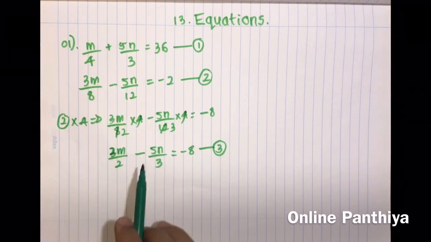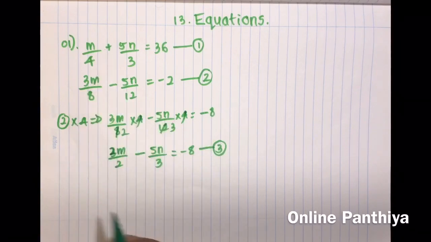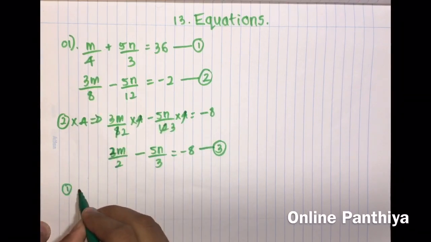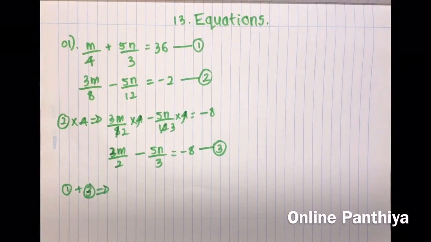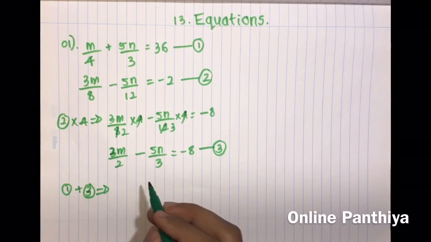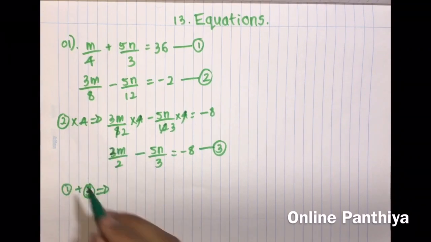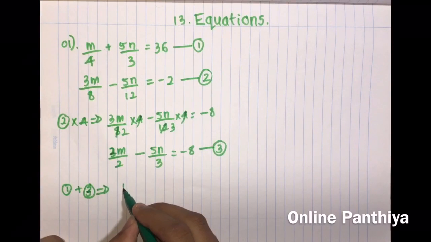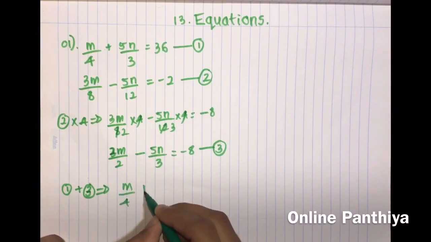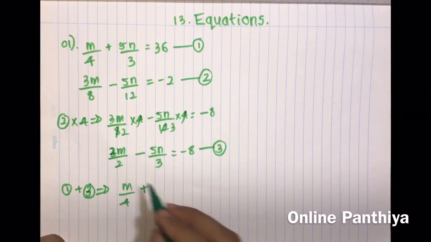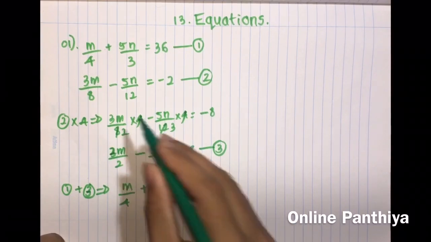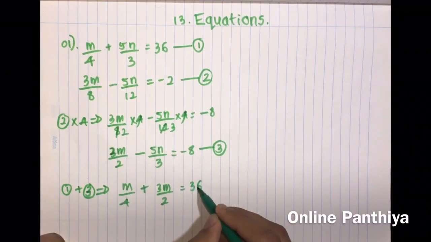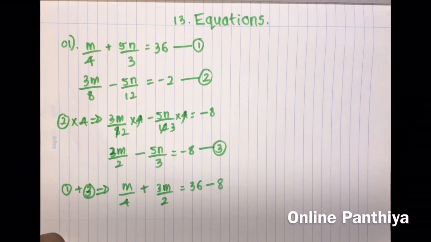How do you solve? Since the signs are different, you have to add equation 1 plus equation 3. When you add both equations, you can do it stepwise. I'll simplify and write m over 4 plus, you have to add both. Therefore here you have 3m over 2, this 2 will cancel off, 36 and minus 8.